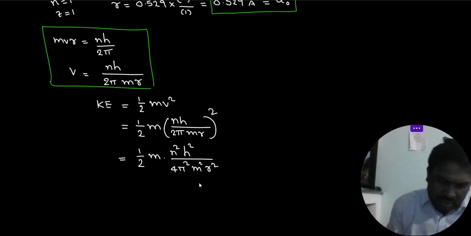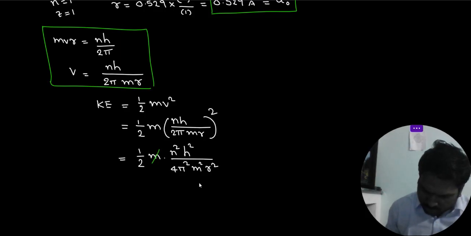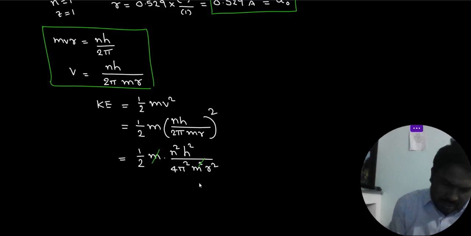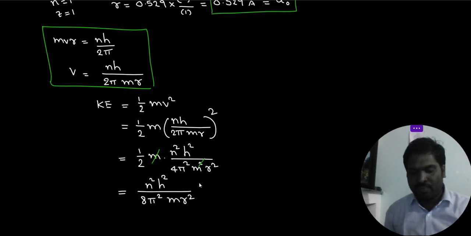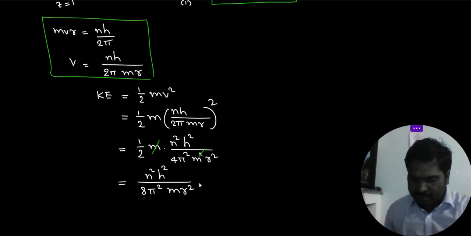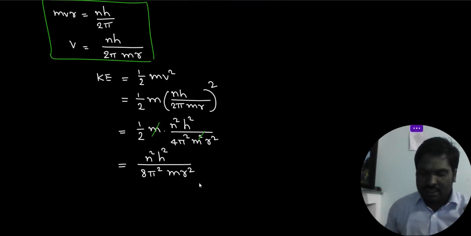Here m, half of the m cancels. Now we can write n square h square by 8 pi square m r square. Here r is Bohr's orbit radius.